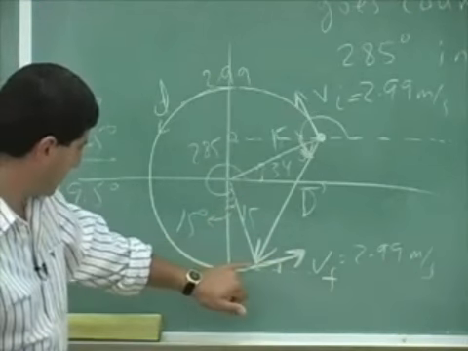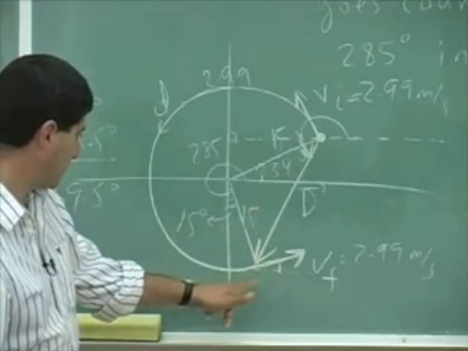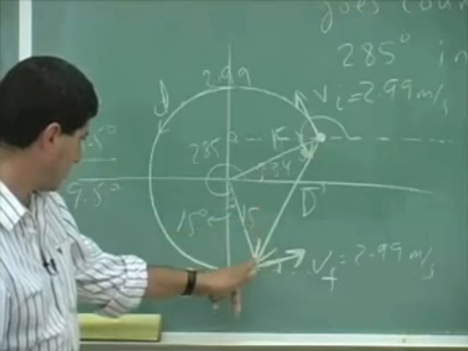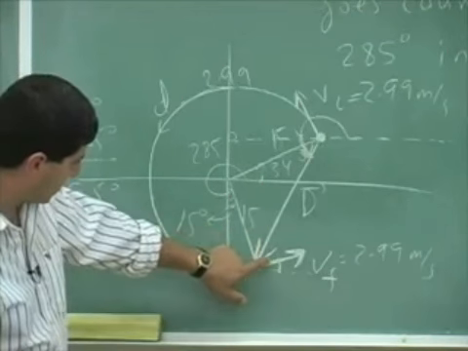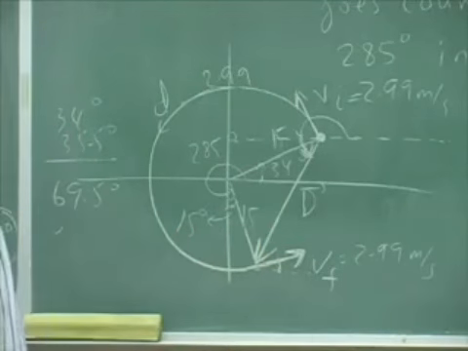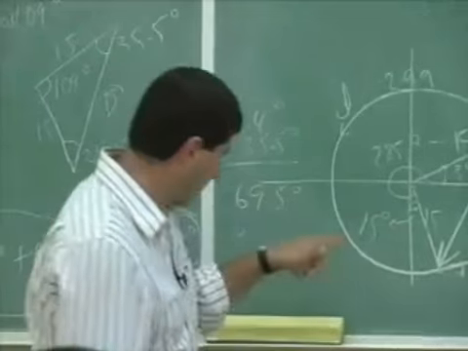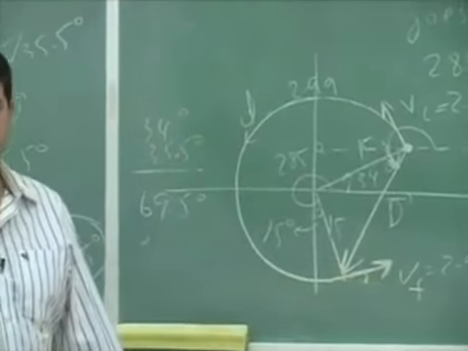Because if this is 15, you can make a triangle like this and argue that this is 15. If that's 15, this is 90 minus 15, and if that's 90 minus 15, that's 15. Or you could do it just a visual way. Just look at it. Does this look 15? Okay, 15. Does this look 15? Yeah, they look the same.